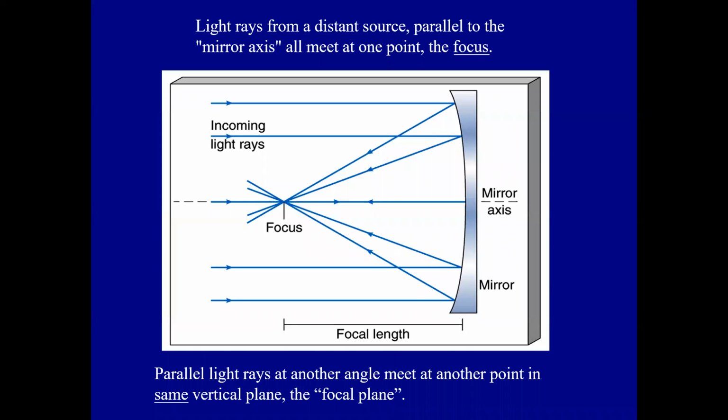So basically, what you see is that incoming light rays can be focused onto a single point, right? Any object that is sufficiently far away can be focused onto a single point. So what will happen if the object moves a little bit?